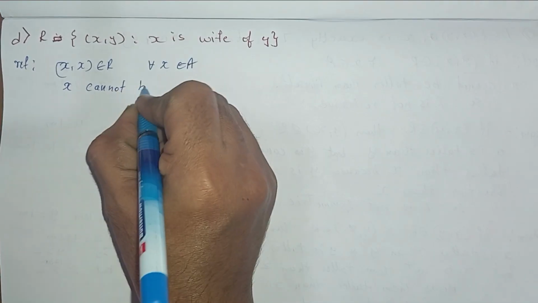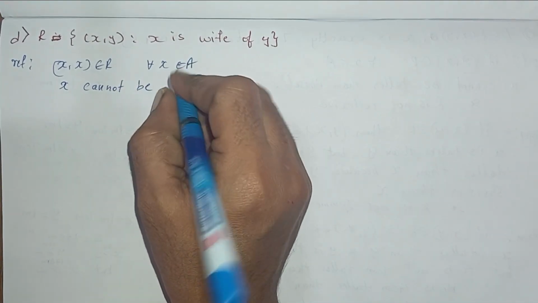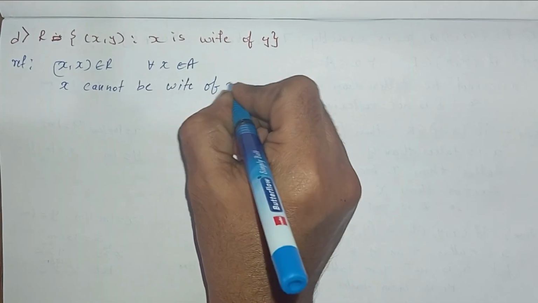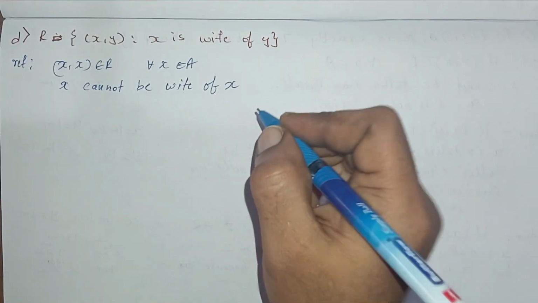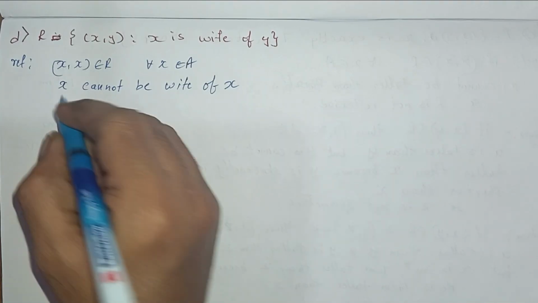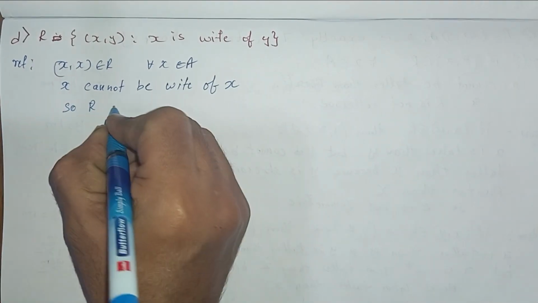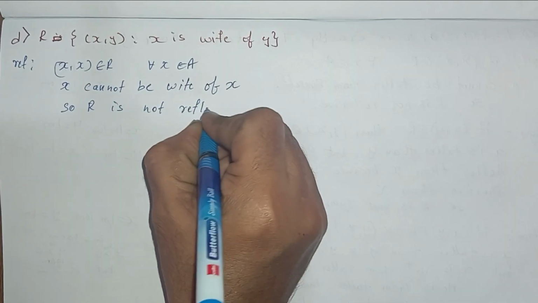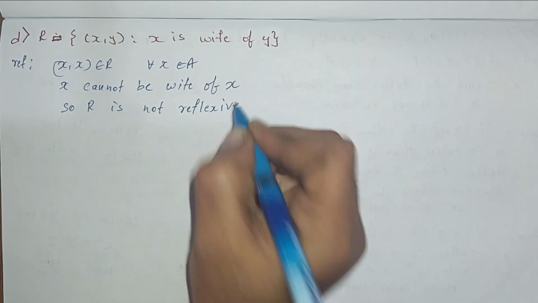X cannot be wife of herself. So R is not reflexive.